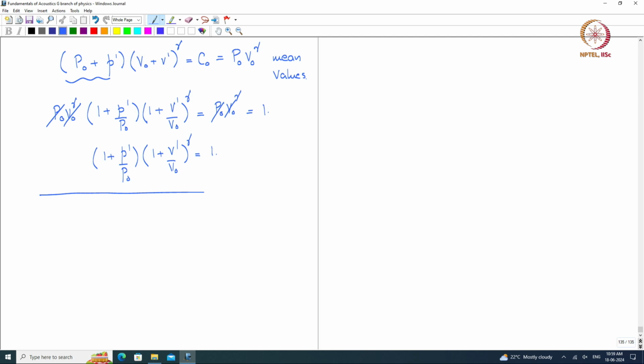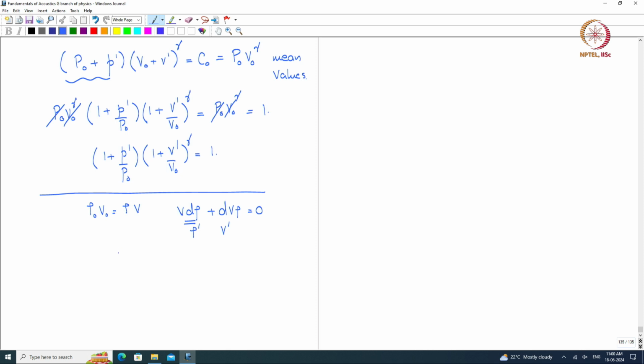Now for constant mass, a gas of constant mass, I have rho 0 V0 is equal to rho V, or V d rho plus dV rho is equal to 0. D rho I will take as a perturbed density, dV I will take as a perturbed volume. Okay.